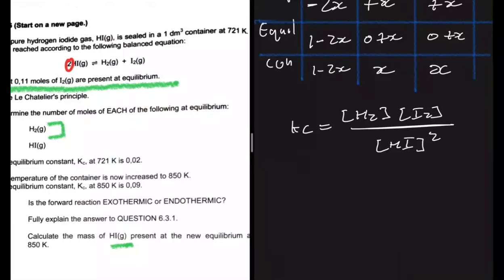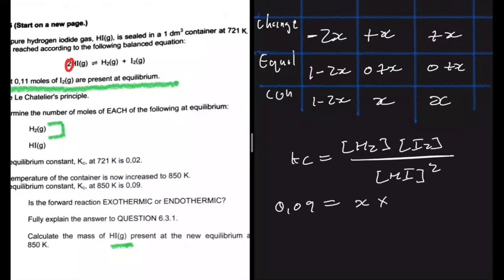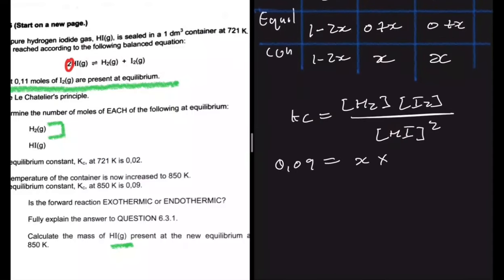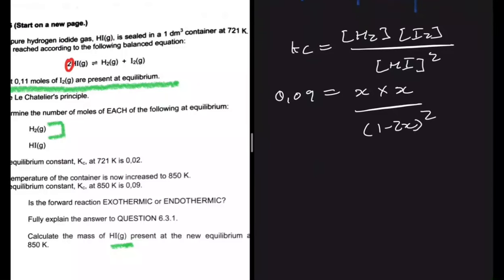Right, so let's go ahead and substitute. In place of Kc, we're going to have 0.09 equals the concentration of H2, that is x, the concentration of I2, that is x again, and then everything divided by 1 minus 2x to the power 2. So we have 0.09 equals x squared divided by (1 minus 2x) squared.